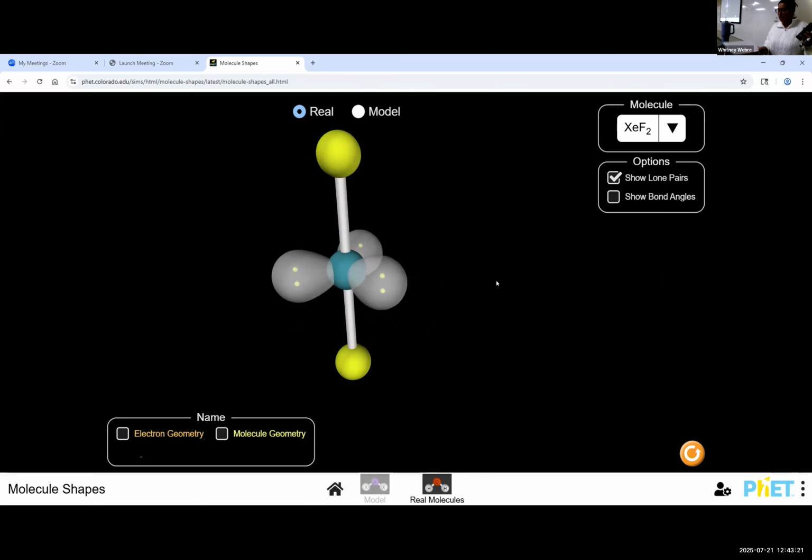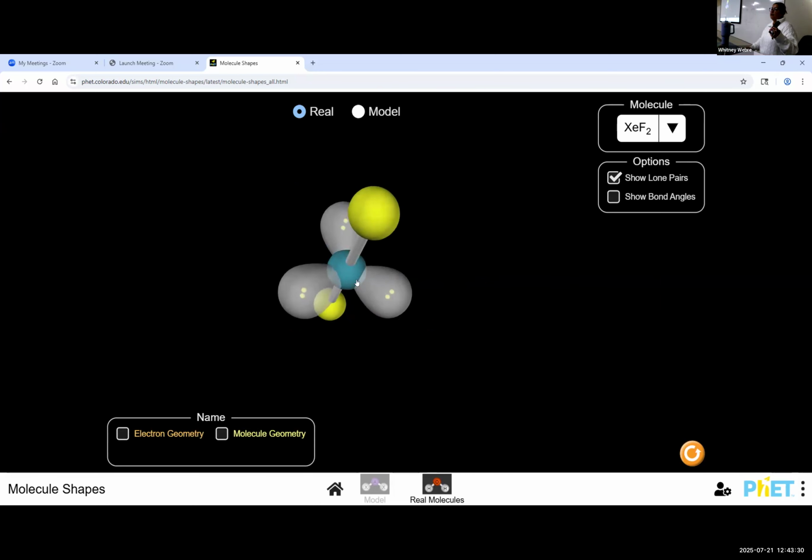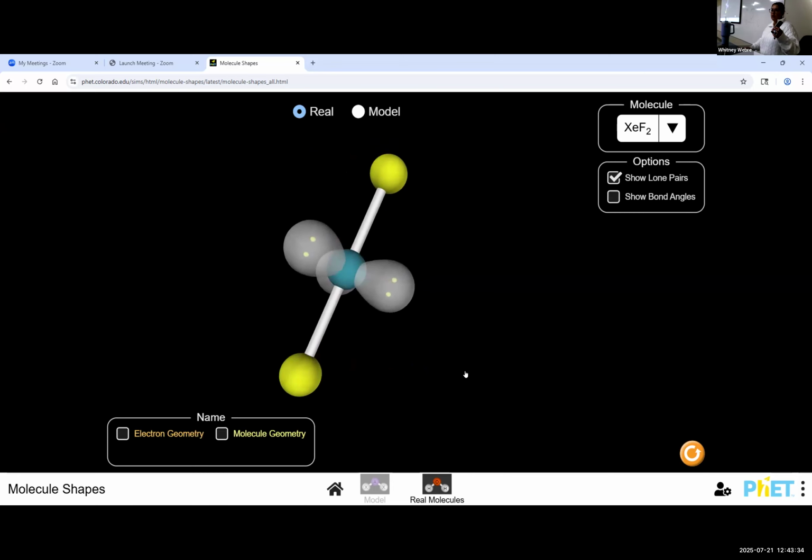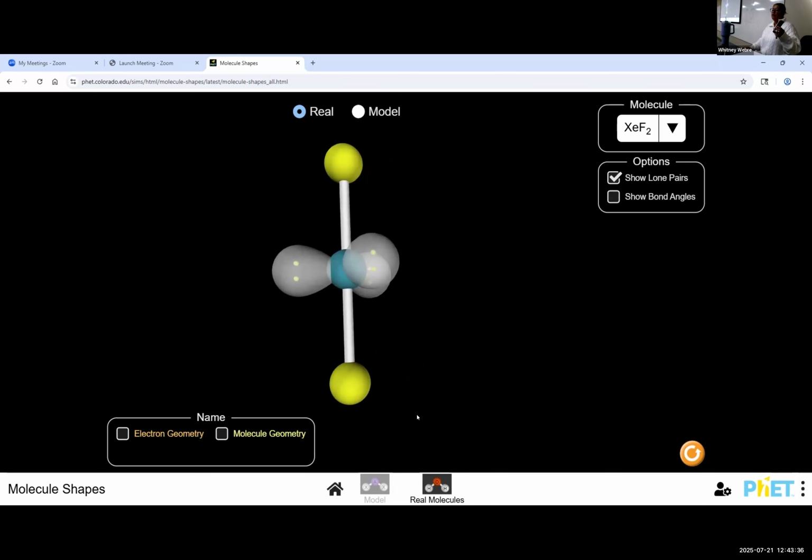So XeF2, it has 3 lone pairs, and just remember when they have 5 things attached, those lone pairs are going to go towards where there's the 120 degrees between them, because they want to be as far apart as possible. So 5 things attached. What is the electron geometry? No worries, it's complicated. Trigonal bipyramidal, because there are 5 things attached.